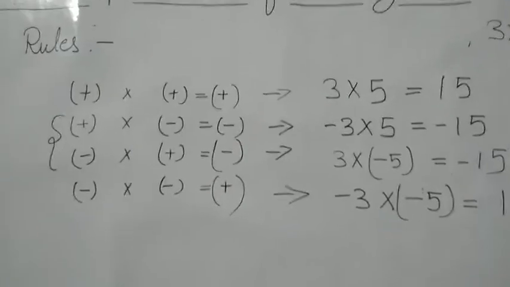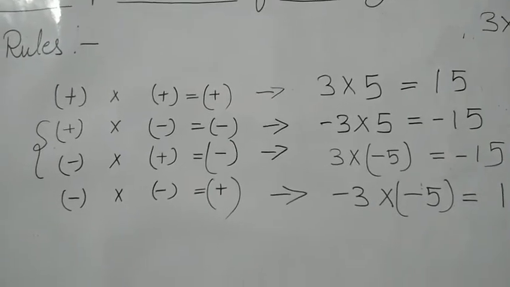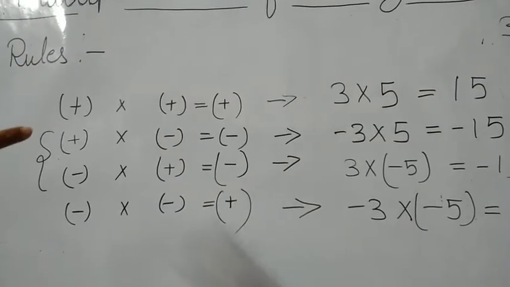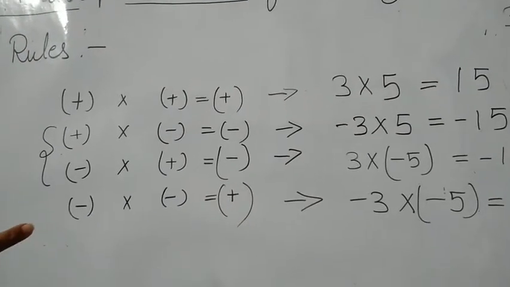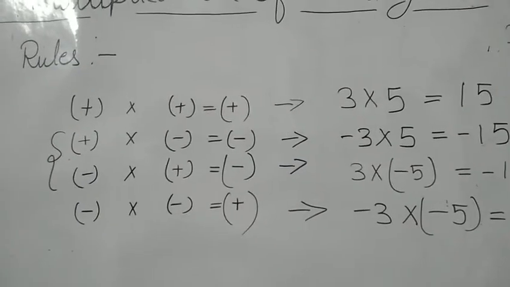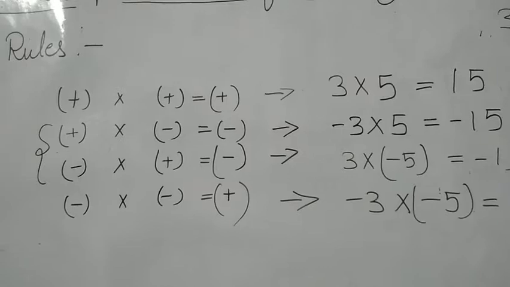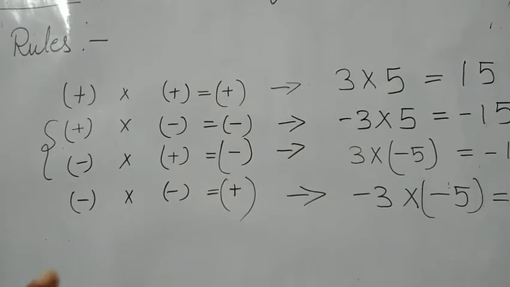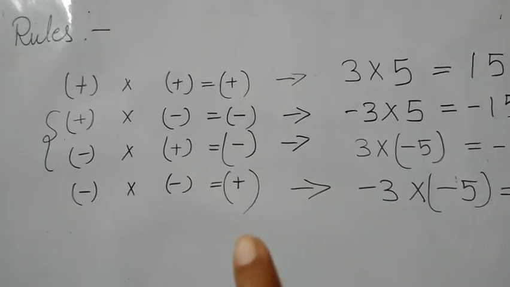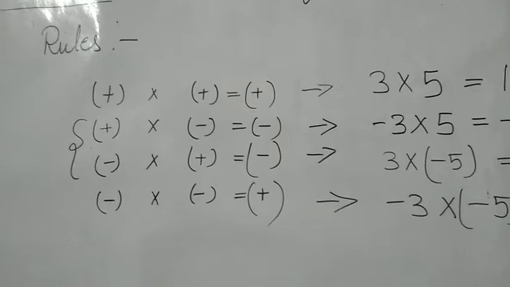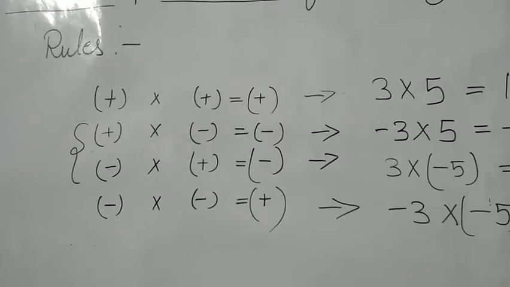The main thing in this rule is this: if both the signs are same, whether both are positive or both are negative, then the answer will be positive. And if both the signs are different, that means one positive and one negative, then the answer is negative. Clear? Just learn this simple thing and you can solve the questions easily.